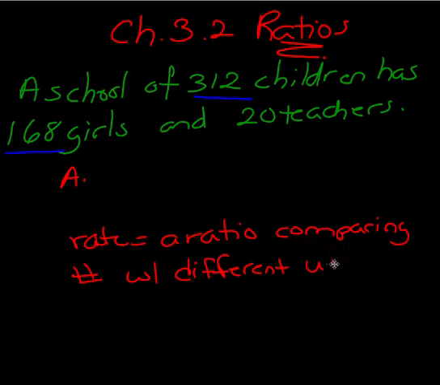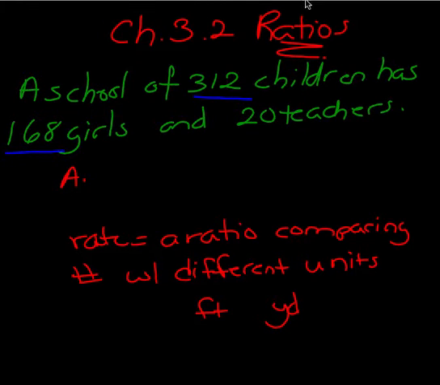Now, of course, the easiest way that I remember different units, sometimes I can think of, for instance, if I had feet and yards, those are two different units. And so a rate in this case would be a ratio that's talking about feet to yards or something like that.